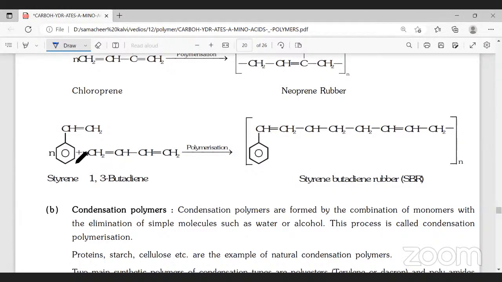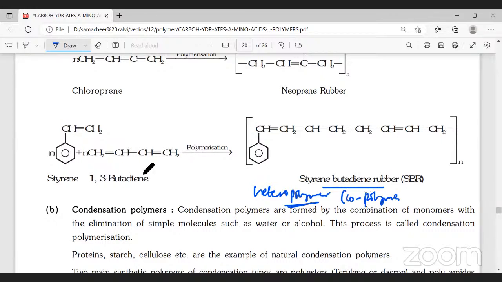When these two monomeric units combine, they form styrene-butadiene rubber. Styrene-butadiene rubber is an example of a heteropolymer, or we can also call it a copolymer.